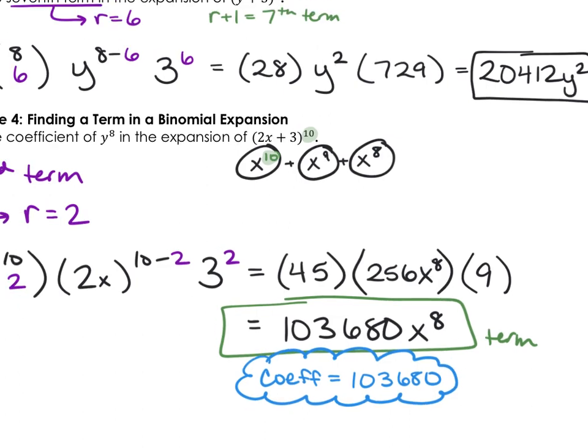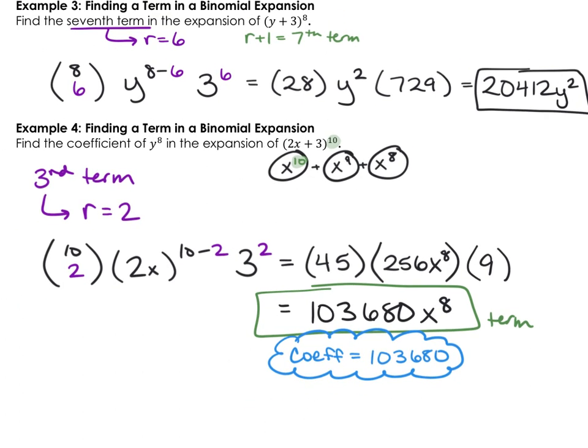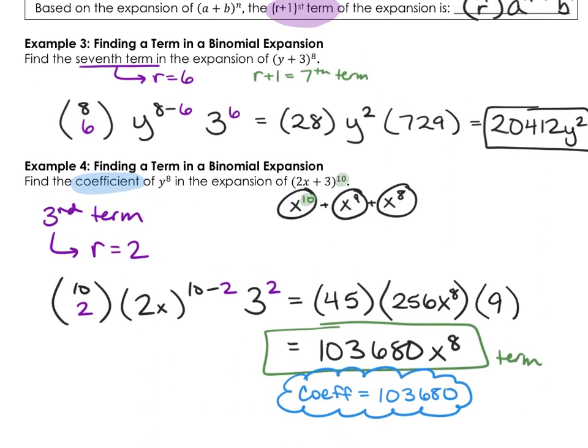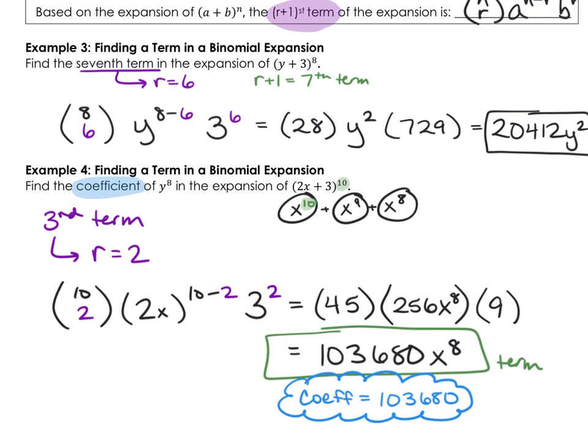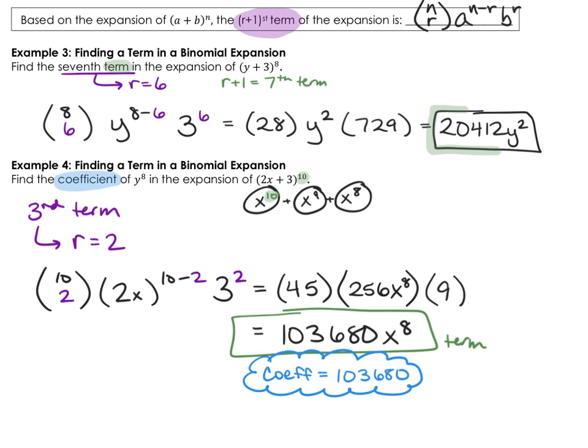But if it happens to ask you for the coefficient, just type the number and not the variable and power. Because this question specifically said find the coefficient instead of find the term. This one up here says term, so we found the whole term. But if it says coefficient, we just want the number.